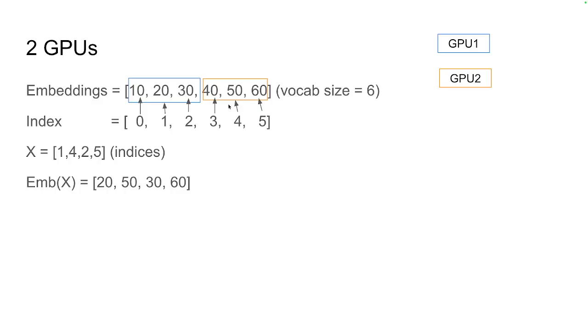In tensor parallelism, you divide the first 3 embeddings to be in the first GPU and the last 3 to be in the second GPU, but you still have this indices vector from which you need to pluck out the embeddings.